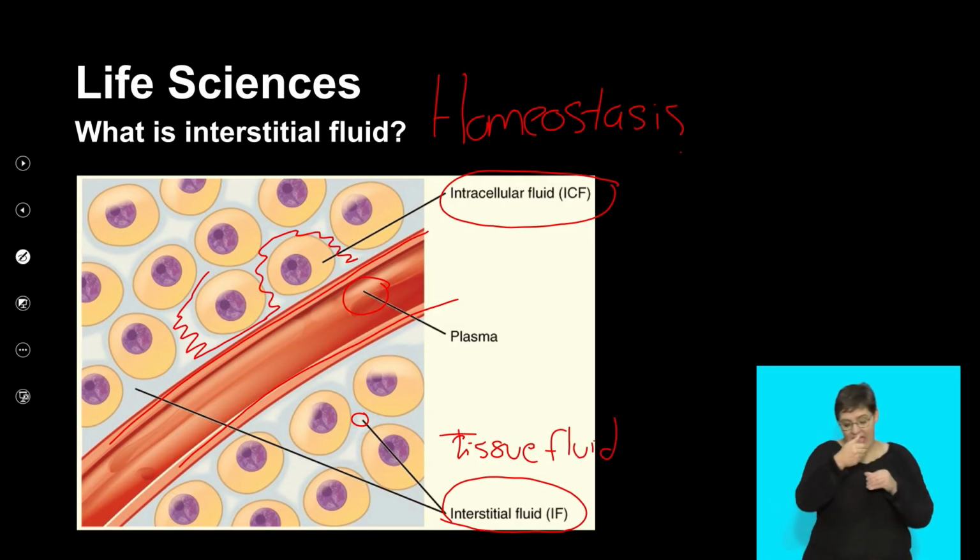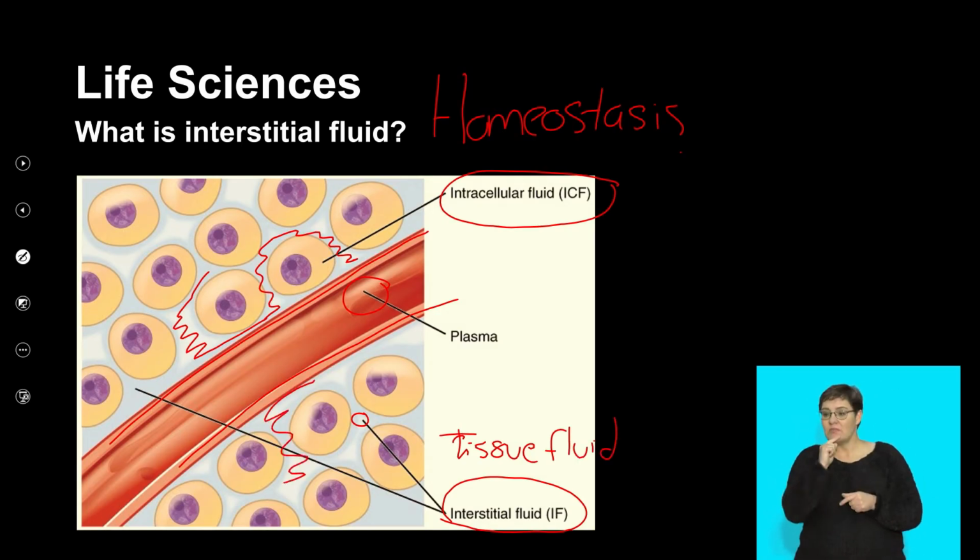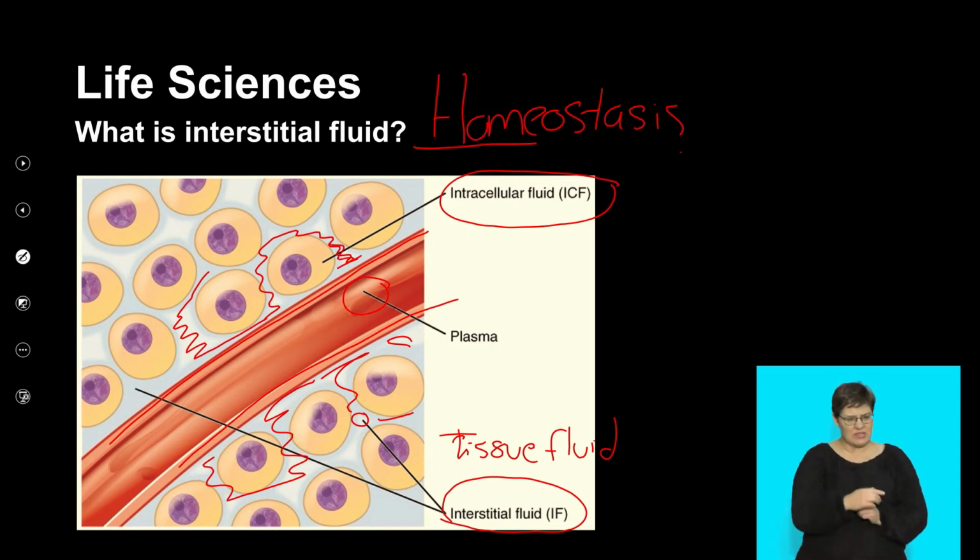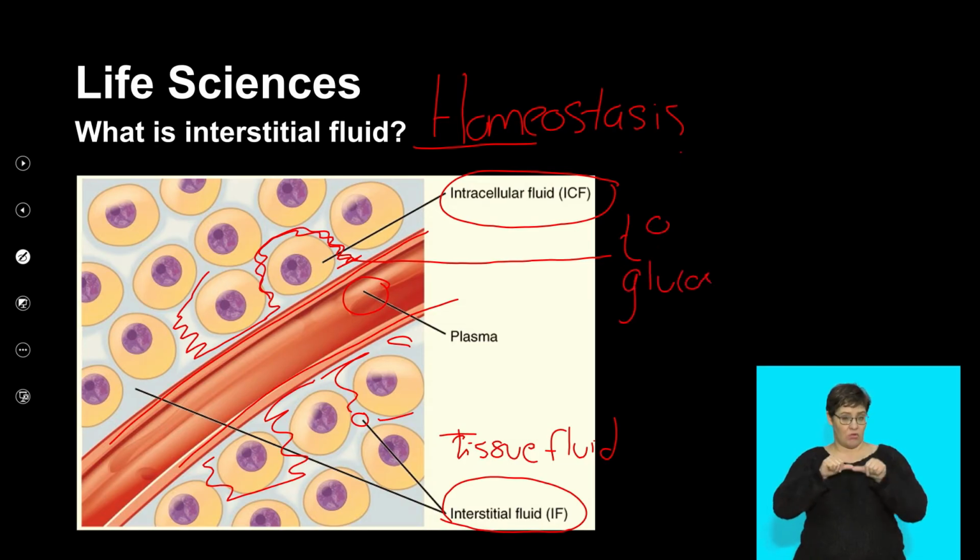Can you see all of your tissues are bathed in this watery substance? Why does that play a role in homeostasis? This watery substance must always have a constant temperature, glucose level, gases, specifically carbon dioxide, and pH. These things always need to be correct.